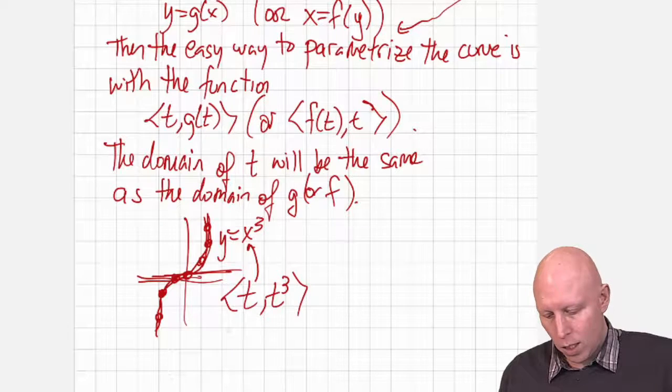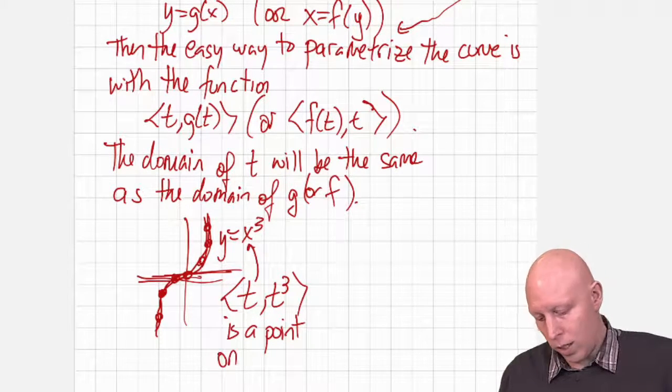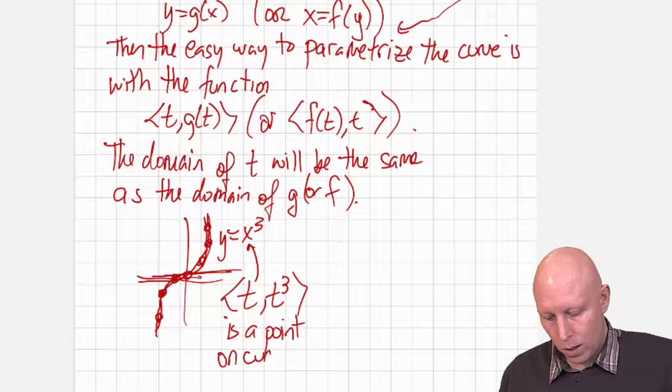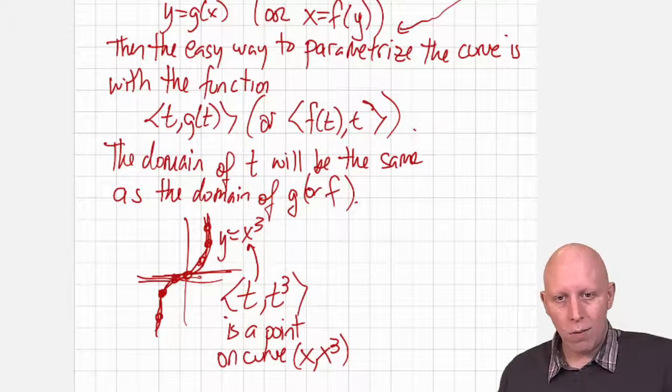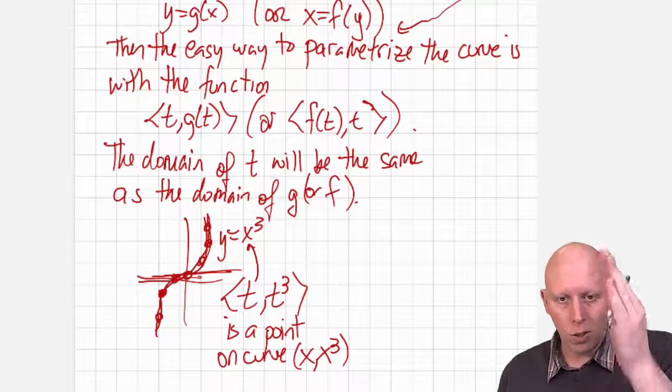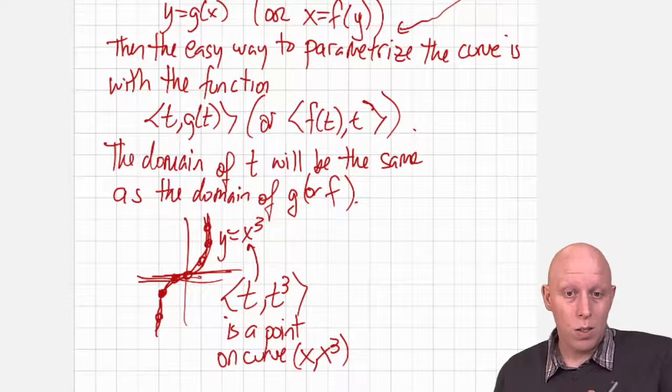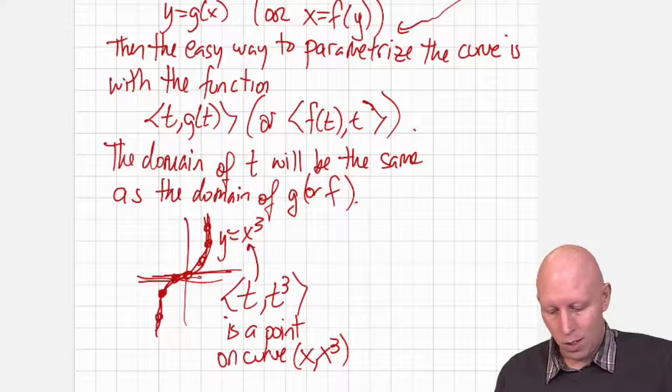And so this is a point on the curve x comma f of x. So when you have a function that passes the vertical line test, you can just use that function itself.